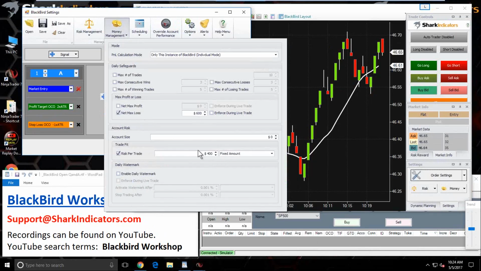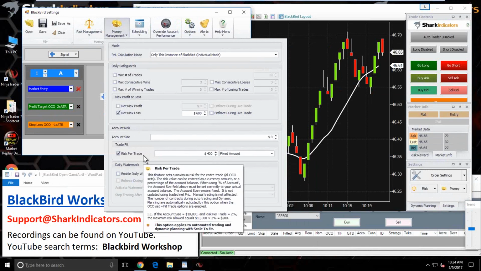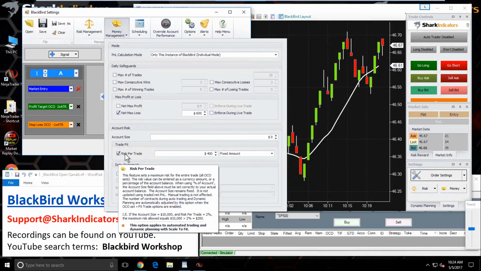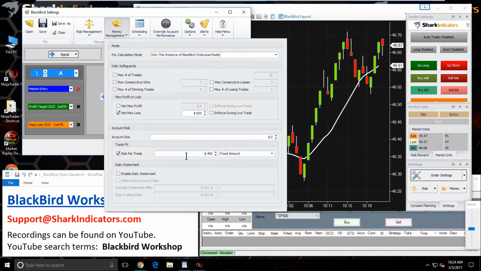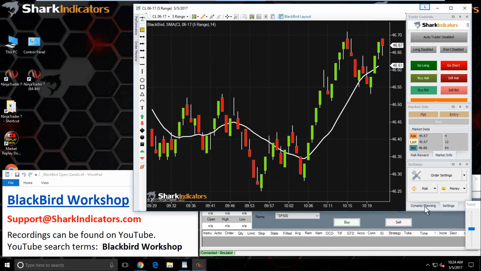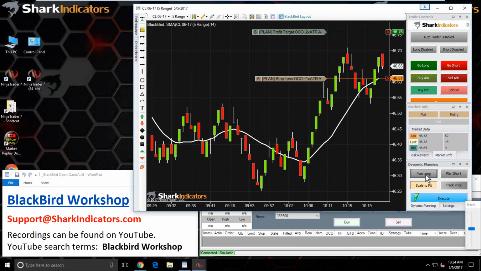However, the risk per trade is something that's calculated on the fly by BlackBird here. So this actually works for discretionary trading when you're using the dynamic planner.